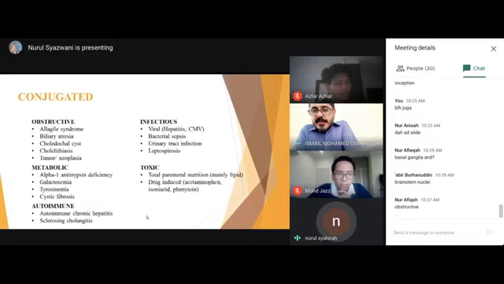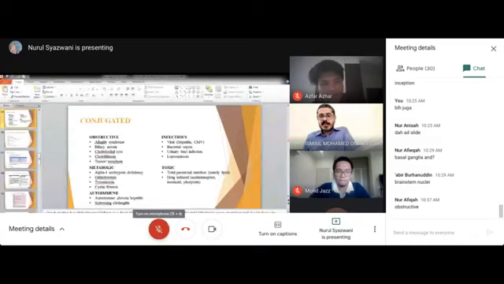Okay, very good. So what do they have outside of the liver? What other abnormalities? What dysmorphic features do they have? Do they have problems in the vertebrae, in the eyes, in the kidney? Yes, very good.